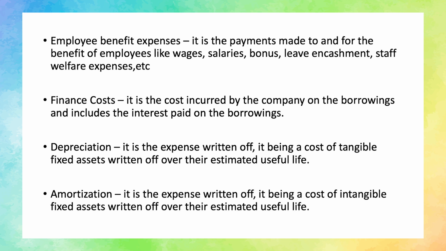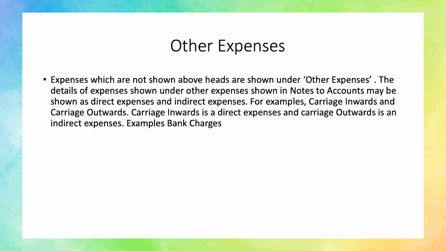Amortization, like depreciation, is the expense written off, it being a cost of intangible fixed assets written off over their estimated useful life. Depreciation is charged on tangible assets while amortization is charged on intangible assets.